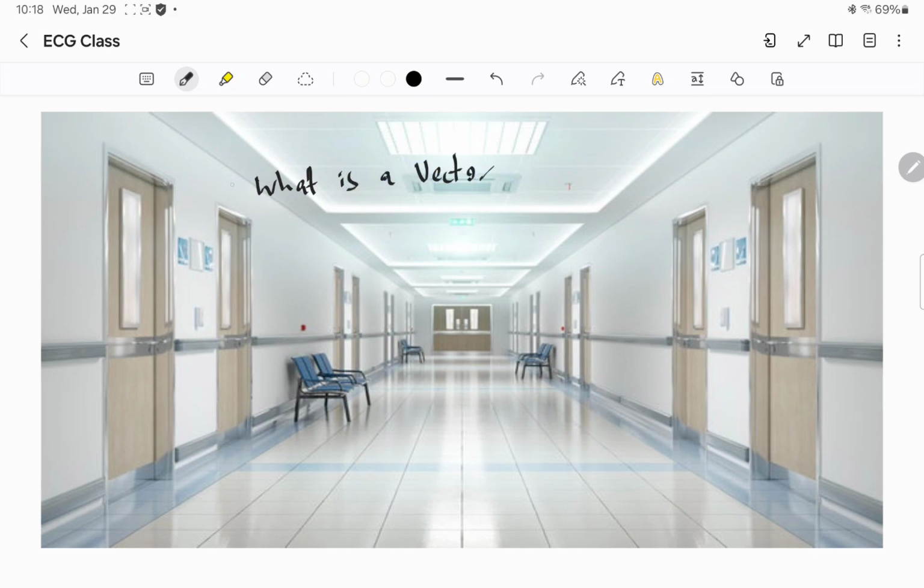A vector is, and I don't want to say substance, anything that has both magnitude and direction.